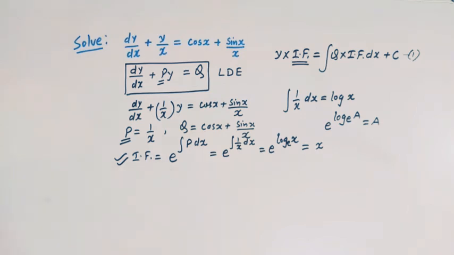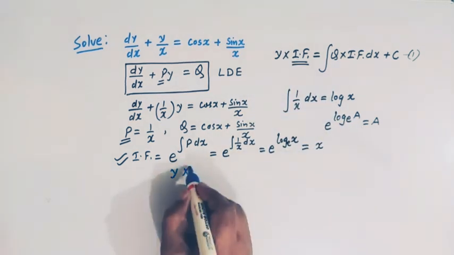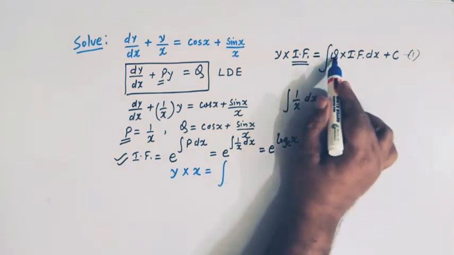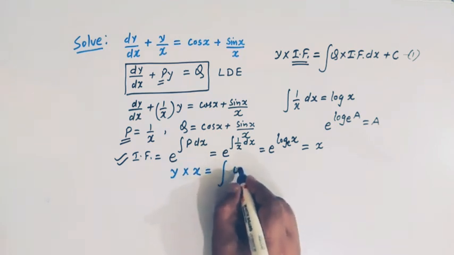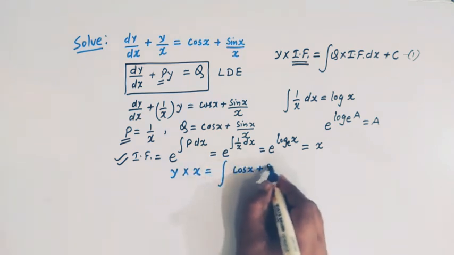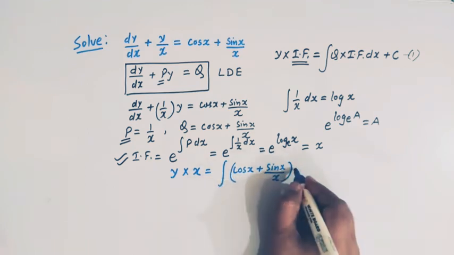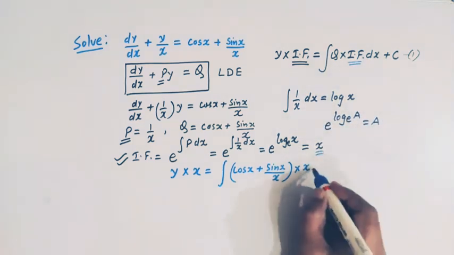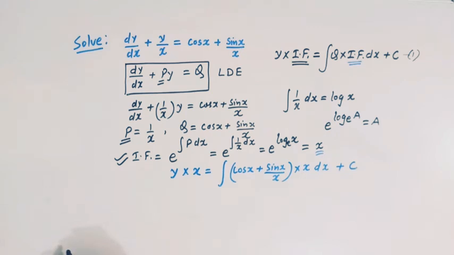So now the solution is given by y times integrating factor, which is x, and here we have integral of q times integrating factor. Q is cos x plus sin x over x, times x, because the integrating factor is x, and here we have dx plus the constant of integration, right?